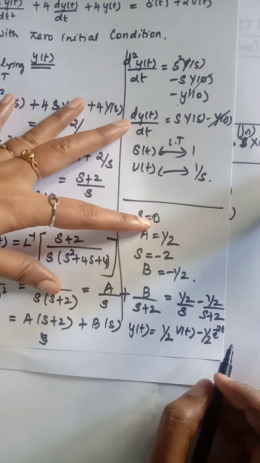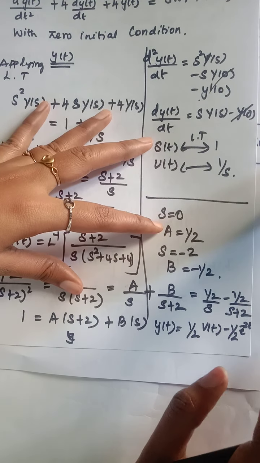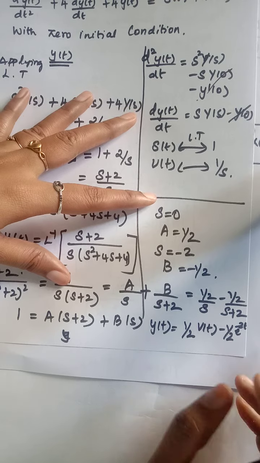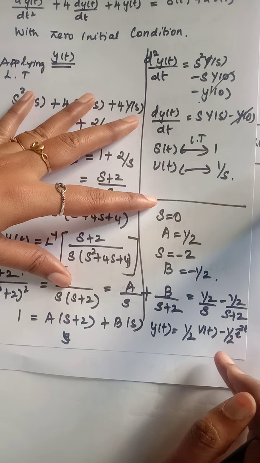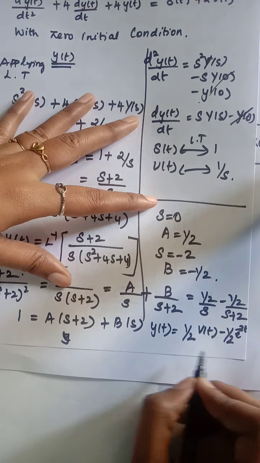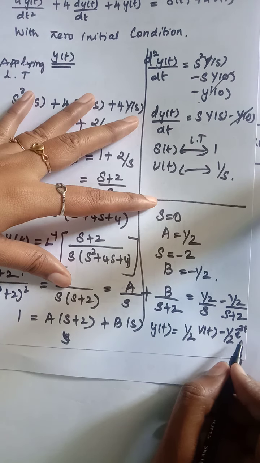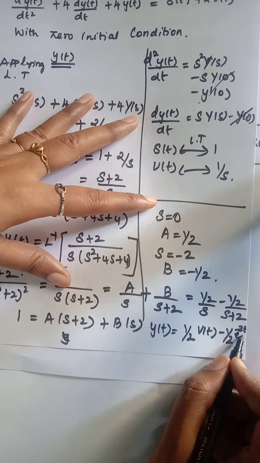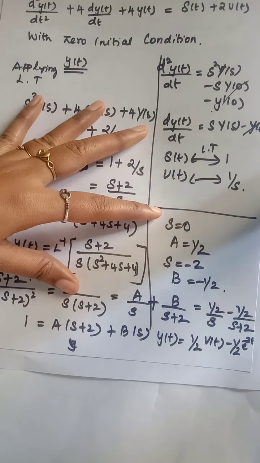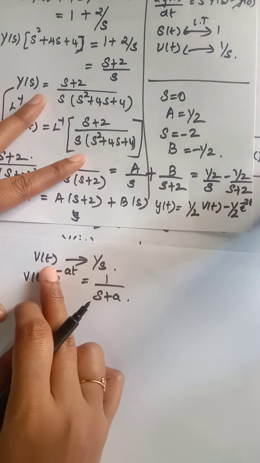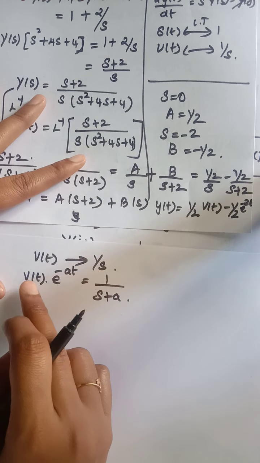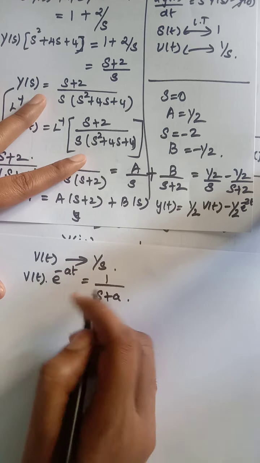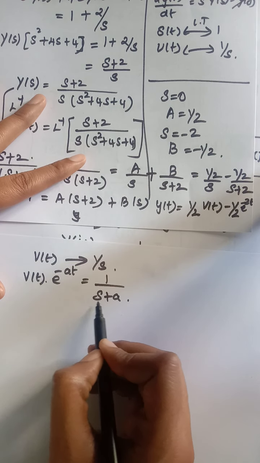Normally, you just understand this. I will explain another property, and I will tell why we are using u of t in addition to this term. So now see, for the function u of t, the Laplace transform is 1 by s, and for u of t e power minus at, the Laplace transform is 1 by s plus a.